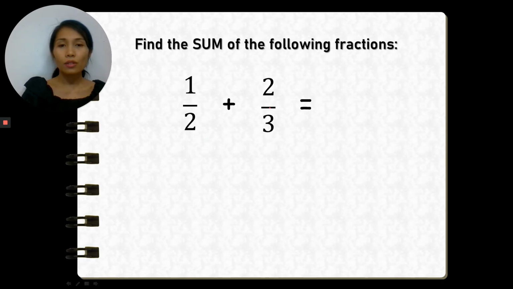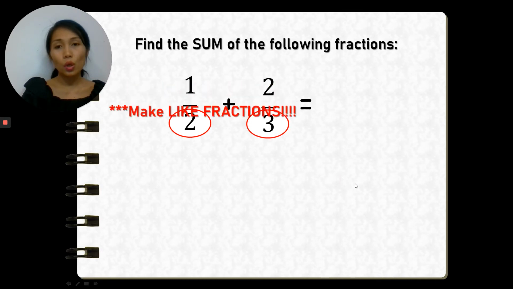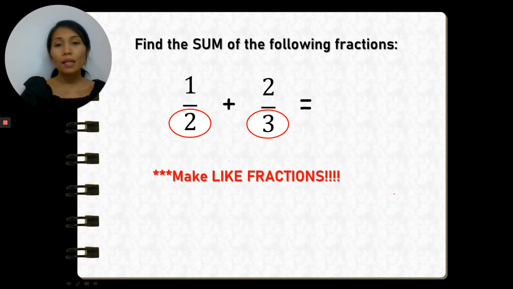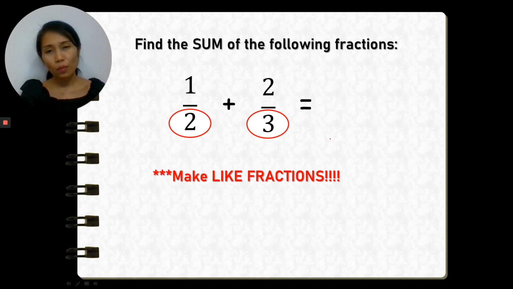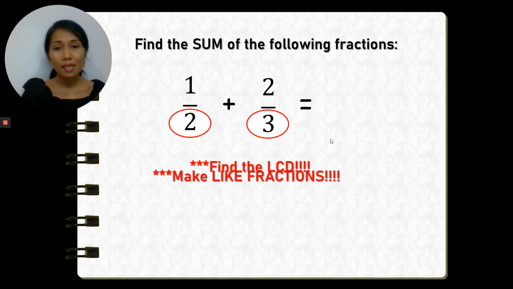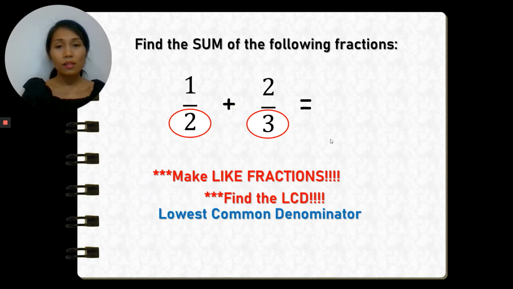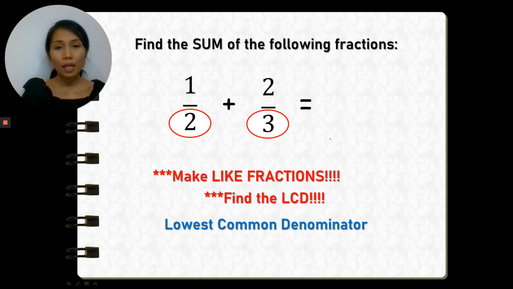1/2 and 2/3. They are unlike fractions again. The denominators are not the same, so we have to make them into like fractions. We need to find their LCD to get the new denominator.